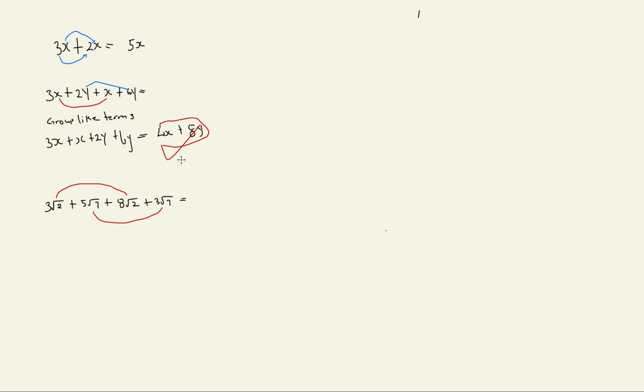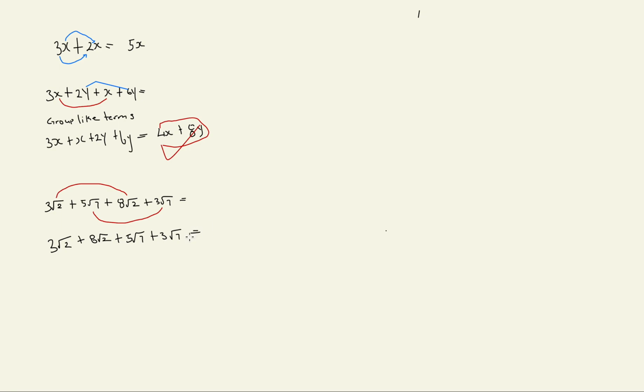So we'll now have 3 radical 2 plus 8 radical 2 plus 5 radical 7 plus 3 radical 7.